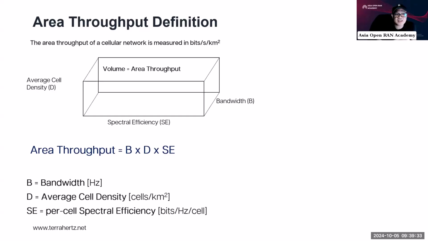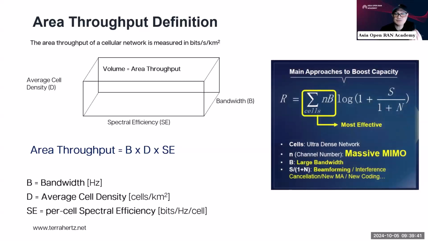And the spectral efficiency is the spectral efficiency of a cell. Okay, so this came from the Shannon formula. Okay, Shannon formula. So the Shannon formula actually is the capacity is equals to B, no, B multiplied by log base 2 of 1 plus S/N.